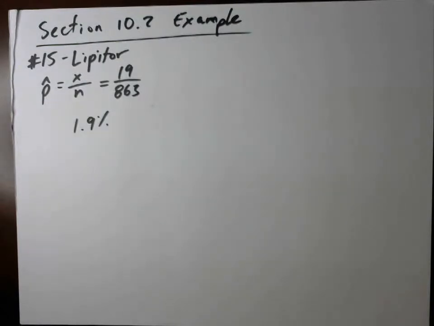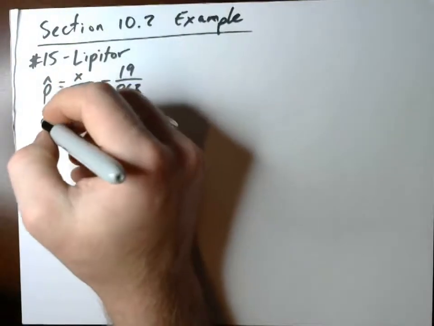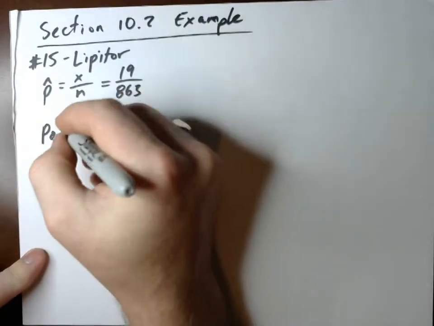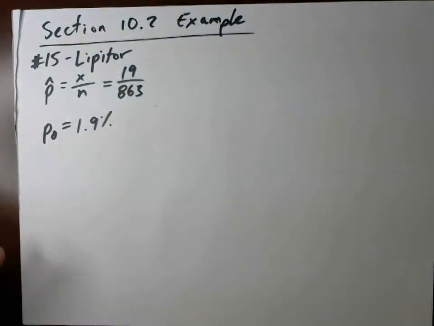Okay, so 1.9% in this problem represents p naught. If you don't remember what p naught is, you can look at some examples, but it has to do with the claimed proportion.